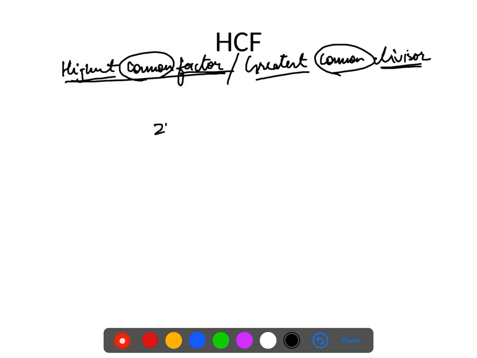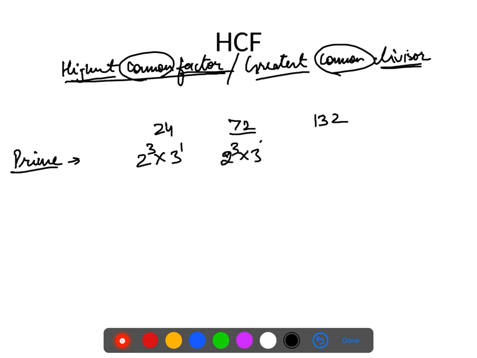So let's take three numbers, 24, 72, 132. First step, again, prime factorization, break them into prime numbers. 24 is 2 cube into 3 raised to power 1. 72 is 8 into 9, 2 cube into 3 square. 132 is 3 into 44, so 3 raised to power 1 into 44, which is 4 into 11, 2 square into 11.